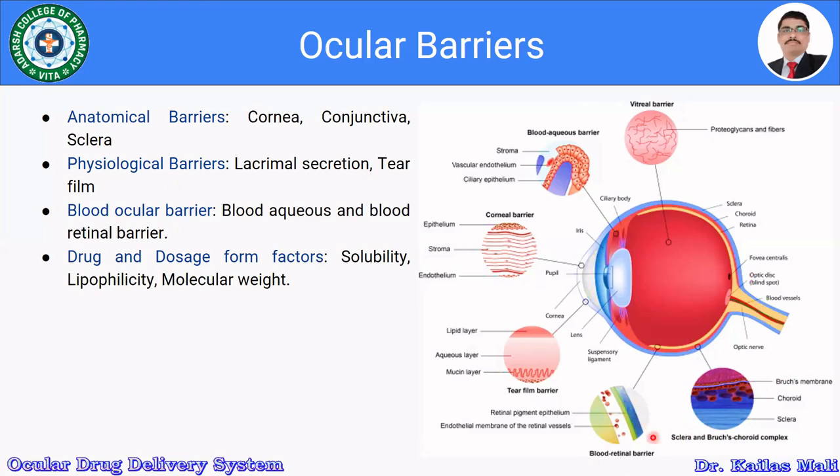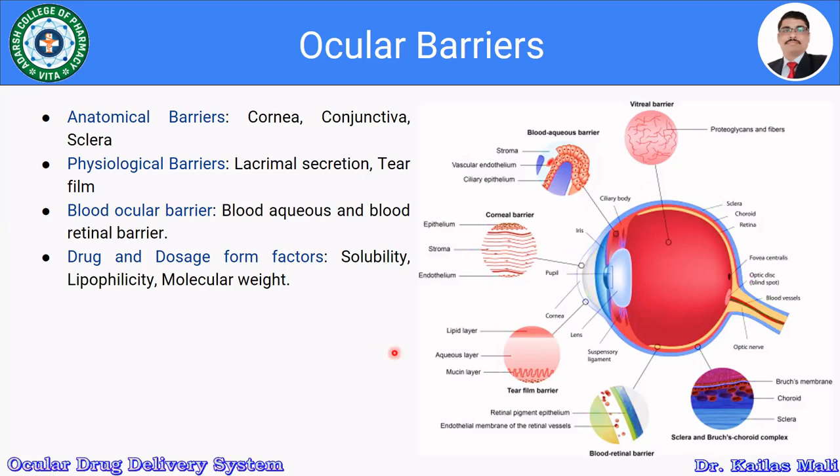Then the blood-retinal barrier, which is present in the retina. Then the tear film, which is present on the cornea. Then the cornea, it is one of the barriers due to the outermost epithelium. Then the blood-aqueous barrier, it is due to the iris and the ciliary body, and the vitreal barrier.